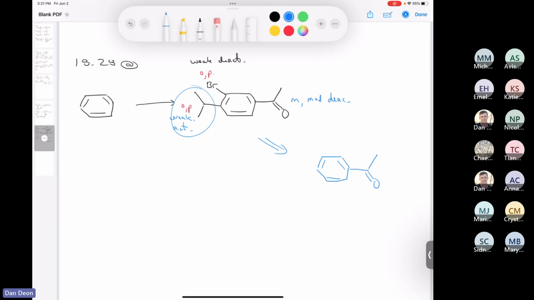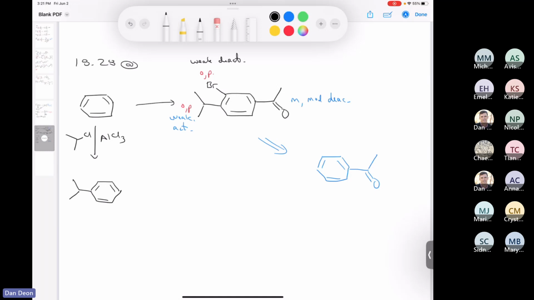So let's try putting in the alkyl group first. We're going to use isopropyl chloride and aluminum chloride, and that's going to install the isopropyl group, comme ça, as we say in French.